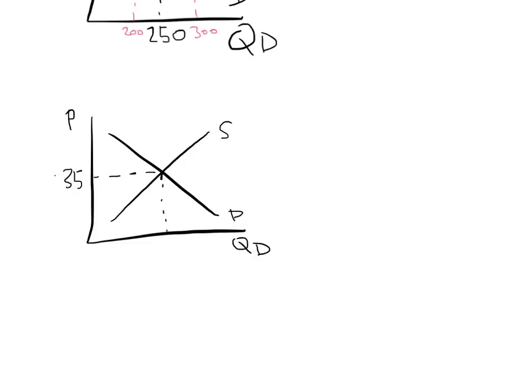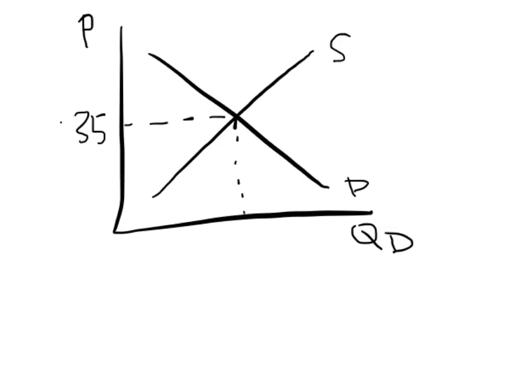Now let's have a look at demand and supply with excess demand. So as a company, I decide to price my Mars bars at 25 pence. That's quite a low price really, so I can't produce that many of them. I produce only 150 Mars bars at that price.